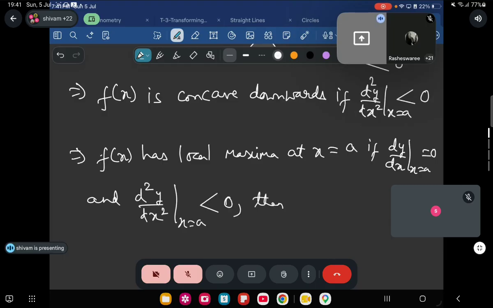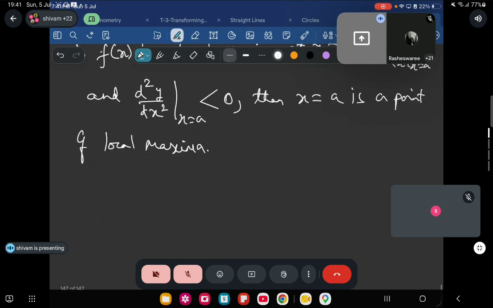Then x equal to a is a point of local maxima. Is it clear to everyone?